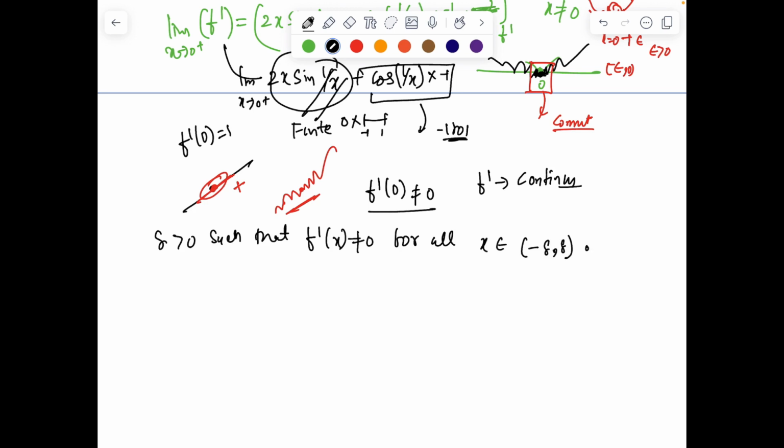Now this is a standard property of a continuous function, right? Since f dash x is continuous, imagine I take psi x as f dash x, and I take an interval x belonging to minus delta to delta. Now psi is a continuous function, non-zero at x equal to 0, and I take a small interval of minus delta to delta.